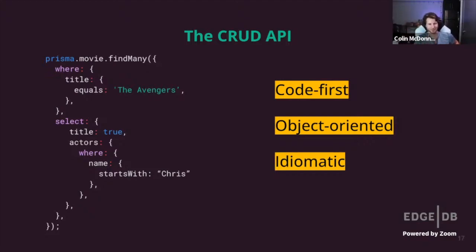This demonstrates a pretty simple query. You're fetching some movies. You're able to add some filters onto that query. Here we're filtering based on the title. You can tell it what fields you want to select. In this case, we're selecting titles. You can nestedly fetch related properties. In this case, the movie.actors, which is a massive win.